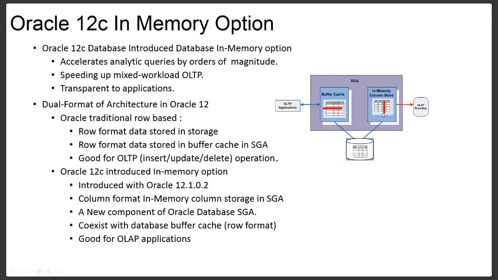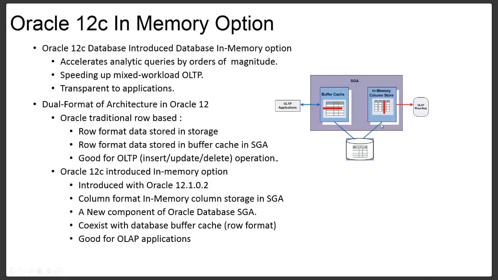And another difference is the data stored in the in-memory can be compressed. This will dramatically improve performance because when you query data, if the data is compressed, you can actually get data much faster in the same amount of time.